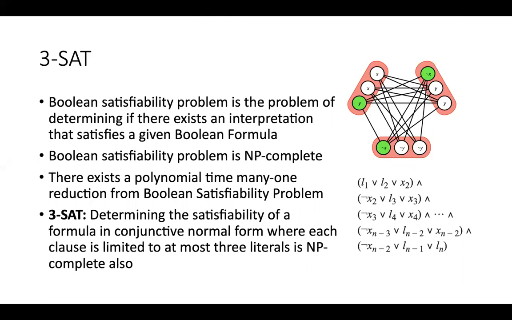Within that, there is the 3-SAT complexity class, which focuses on satisfiability of a formula in conjunctive normal form, made up of clauses where at best we have 3 literals within each clause. And satisfiability, for the benefit of the physicists, is defined in terms of: can we replace these literals with true and false so that the formula is true?